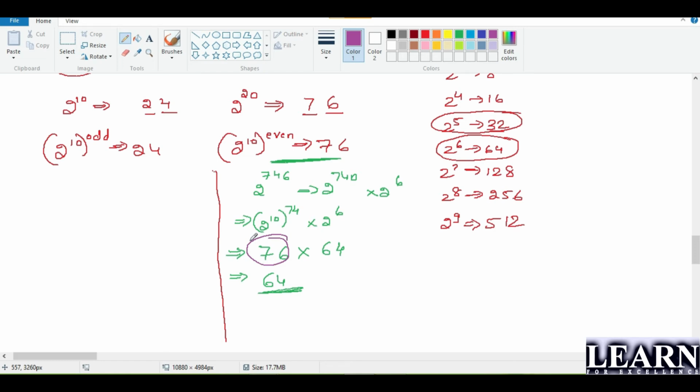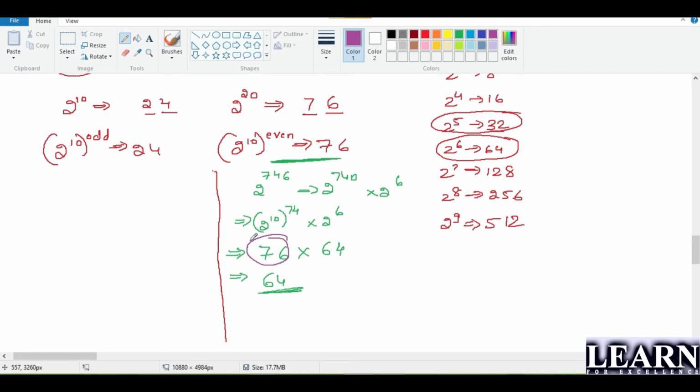Or I can say 76 into any power of 2 is the same power of 2. Here, guys, the numbers I have told, 64, 128, 32, 16, 8, 56, 12, all are numbers which are powers of 2. These are the numbers which, when you multiply with 76, you will get the same number.